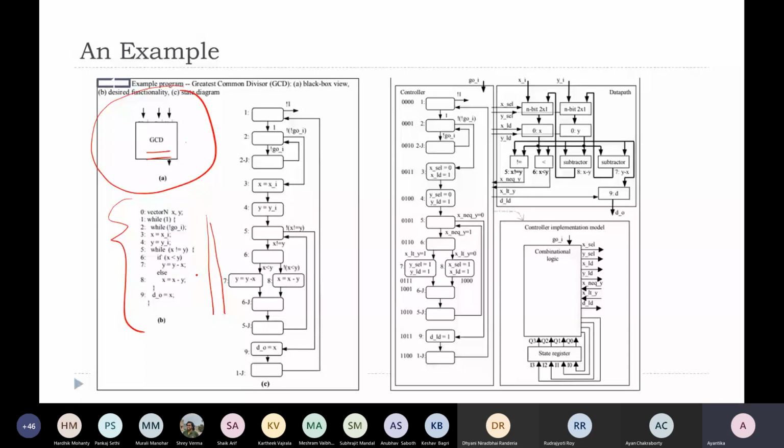Now we know that to implement this code, you have to focus on each and every operator. What operations you want to do, and those operations basically define, if you remember, the data path that we have already discussed. That means what operations you are going to do, and you write those instructions one by one.